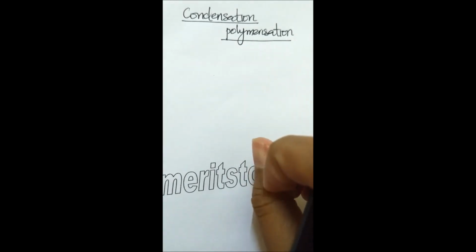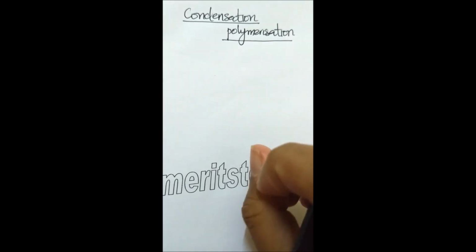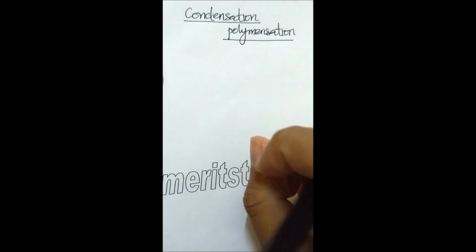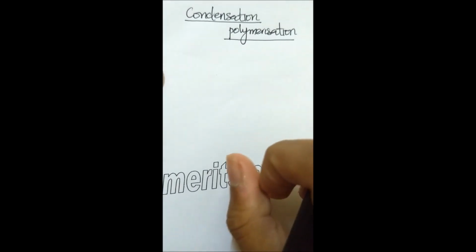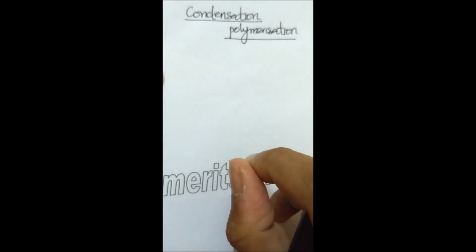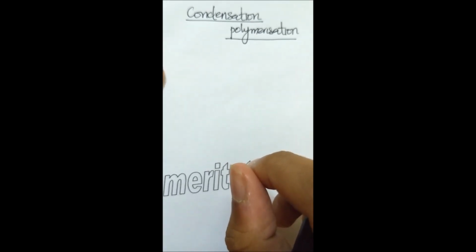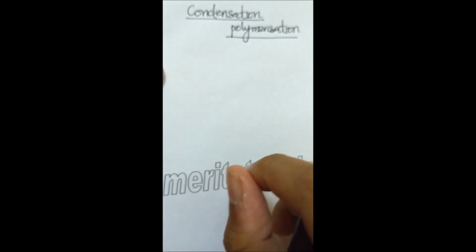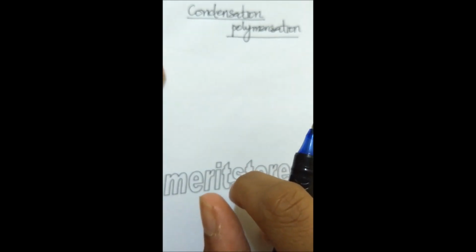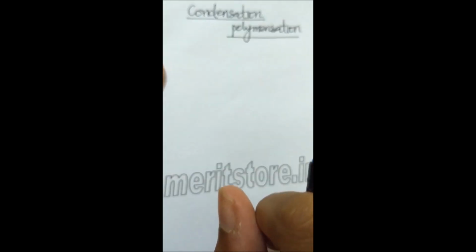Condensation means removal or elimination of a small molecule. A polymer formed by the condensation of two or more monomers with an elimination of a simple molecule like water, ammonia, alcohol is called a condensation polymer.